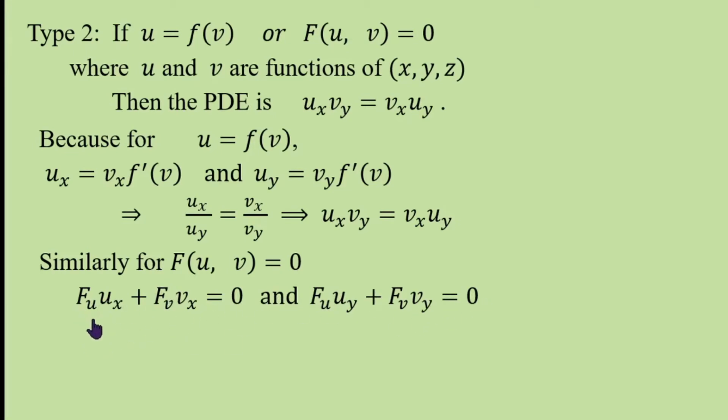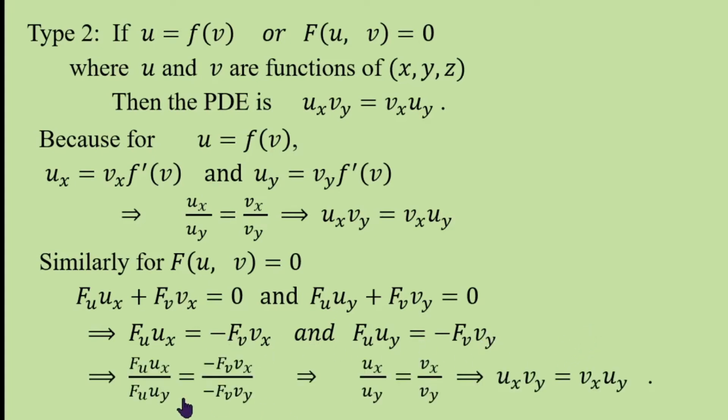That means fu ux equal to minus fv vx, fu uy equal to minus fv vy, and hence fu ux divided by fu uy is fv vx divided by fv vy. Just cancel the minus sign, and then cancel fu and fv. So we got ux by uy equal to vx by vy, or ux vy equal to vx uy.